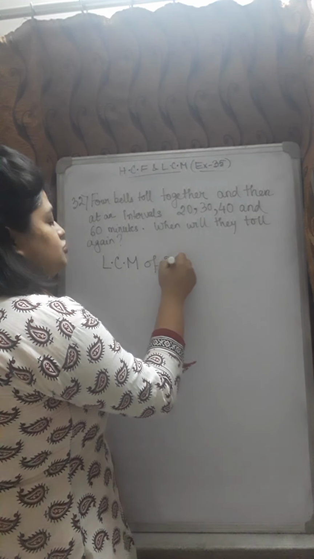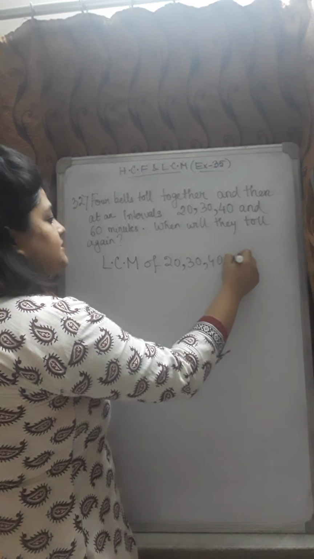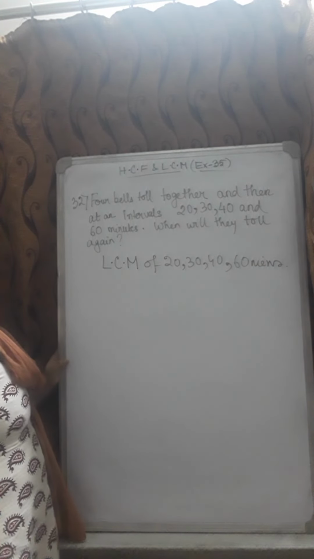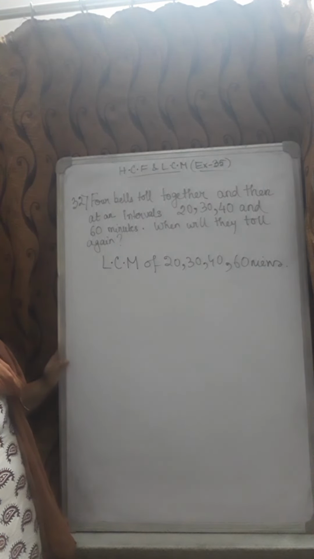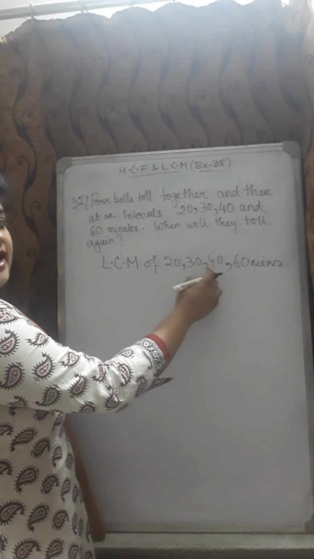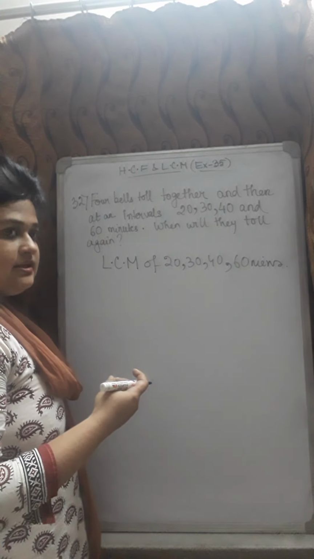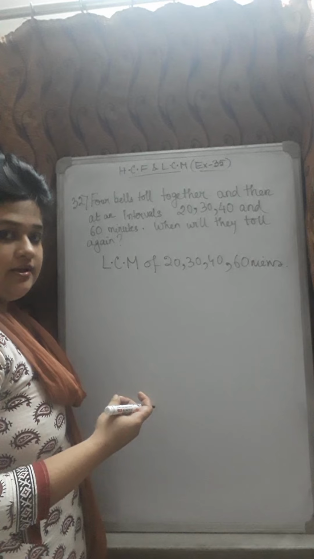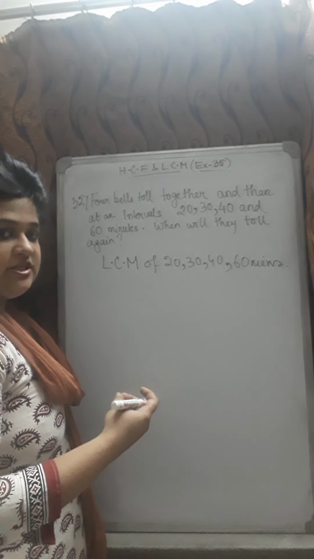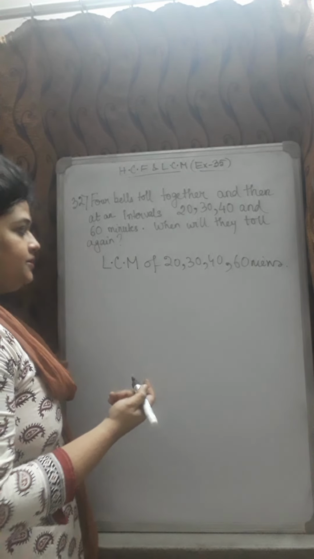LCM of 20, 30, 40 and 60 minutes. Lowest common multiple, because the chance of them ringing together is the lowest. Why lowest? Because they have their different timings when they ring. So there will be very few times you will hear a huge sound, because very few times it might happen that all are ringing together.